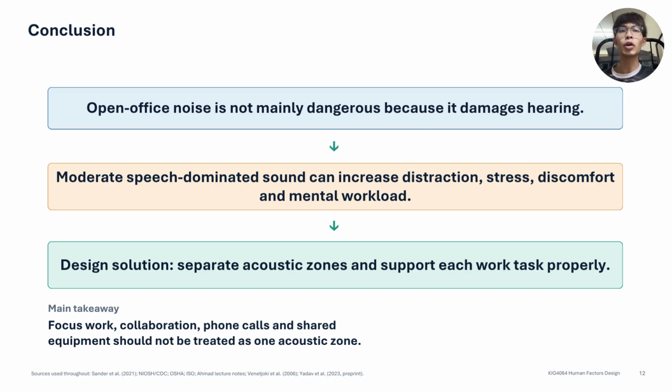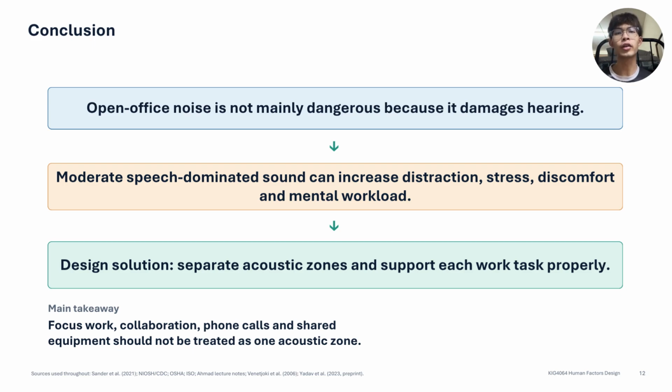So in conclusion, open office noise is not merely a hearing damage problem because the measured levels are far below the 85 decibel hearing risk reference. The main human factor design concern is that moderate sound dominated by understandable speech can increase distraction, mental workload, stress, and also discomfort. The evidence also shows that workers may maintain short-term performance while experiencing higher physiological and psychological strain.